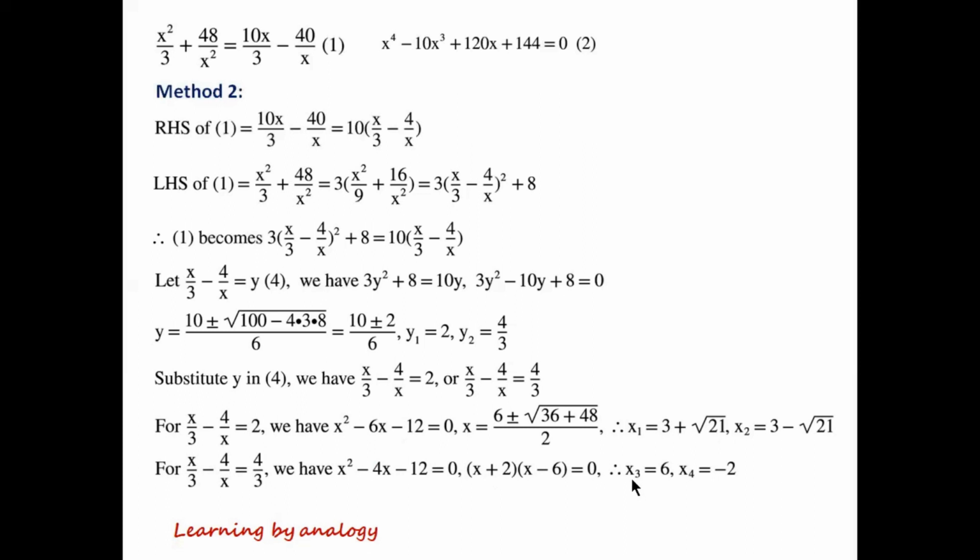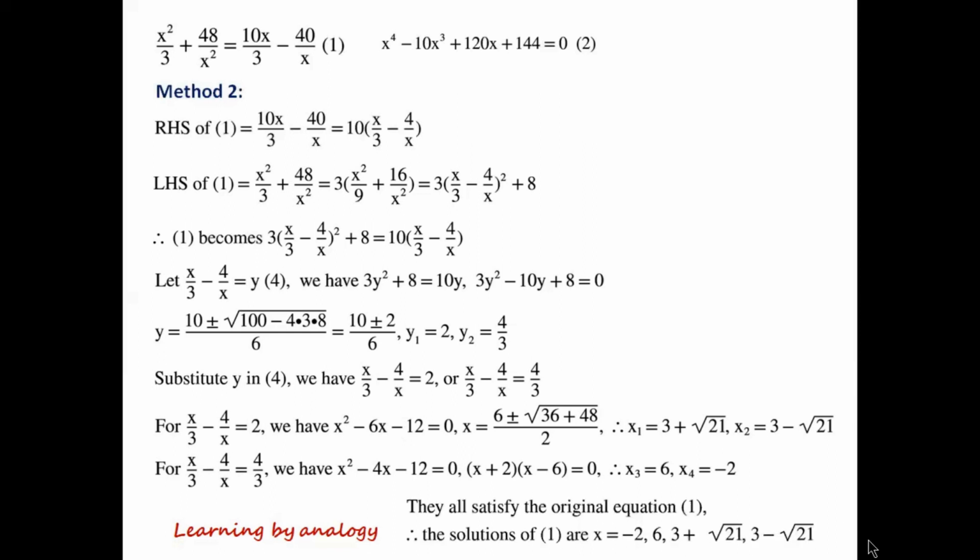So x3 equals 6, x4 equals minus 2. They all satisfy the original equation, equation 1. So the solutions of equation 1 are x equals minus 2, x equals 6, x equals 3 plus root 21, x equals 3 minus root 21.